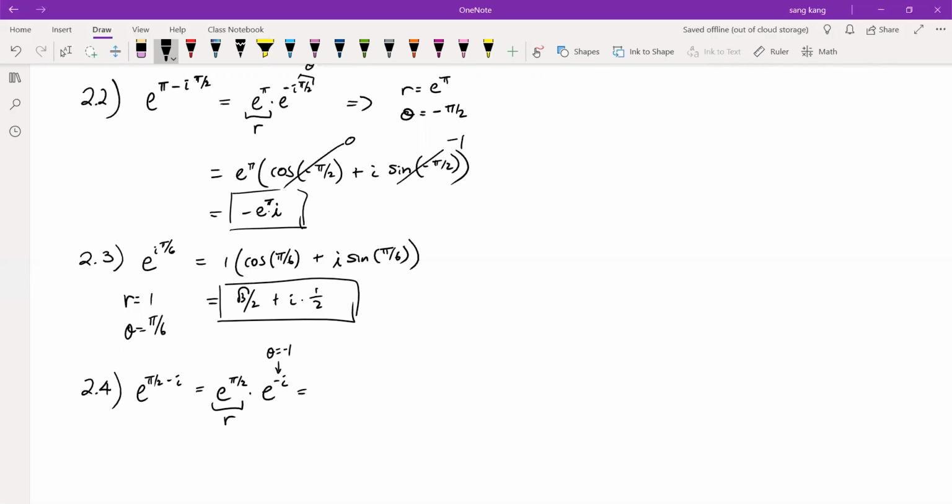So e to the pi over 2 is my r times cosine of theta, which is -1, plus i sine of theta, which is -1. I'll just leave it in this form. I'm not going to punch in -1. Sine and cosine of -1 are weird decimal numbers, so I'll just leave this as my final form.